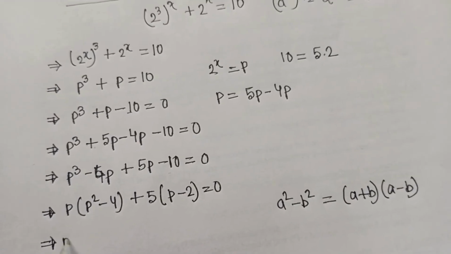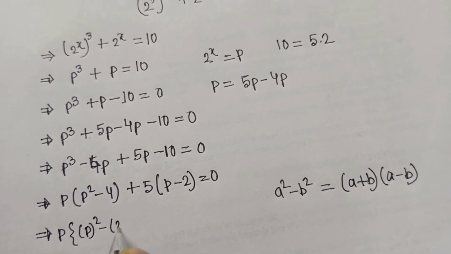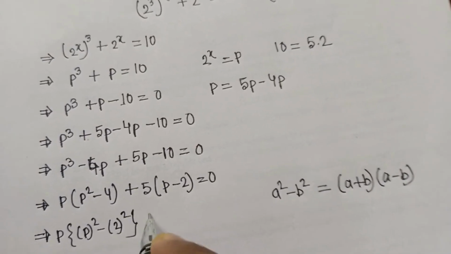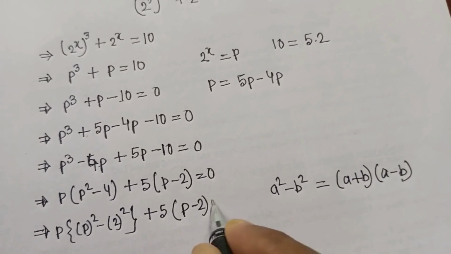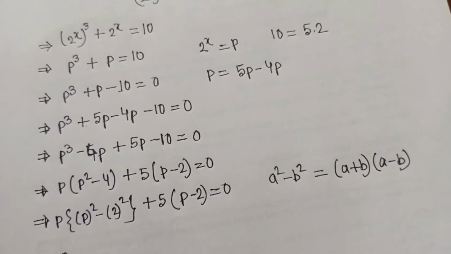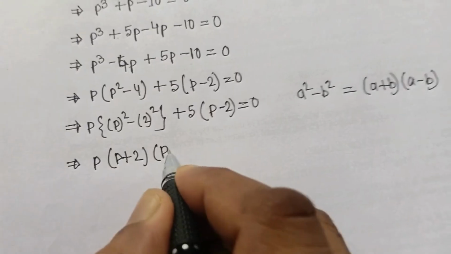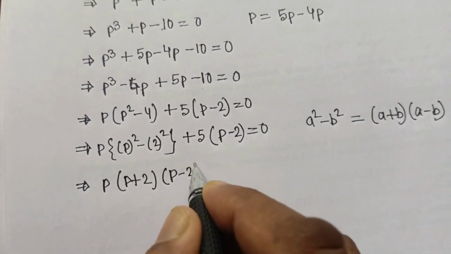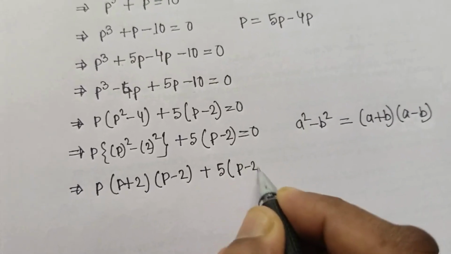So same here, p square minus 2 square, we split that formula into p plus 2 into p minus 2, and the rest part will be 5 into p minus 2 equals 0.